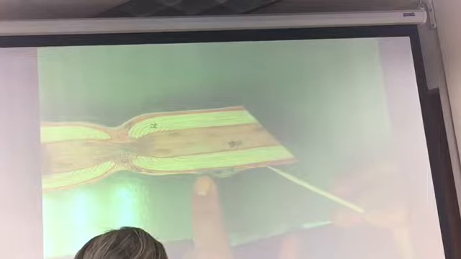Schwann cell makes the myelin, and it also makes a very important layer that I like. It's called the neurolemma. What's the function of the neurolemma? So it's going to be for repair, right? Repair and growth. You damage the axon. The neurolemma creates a little tunnel so that the axon can grow through.